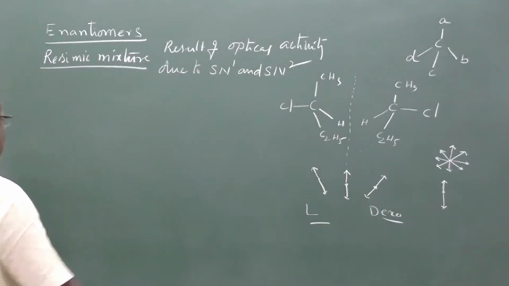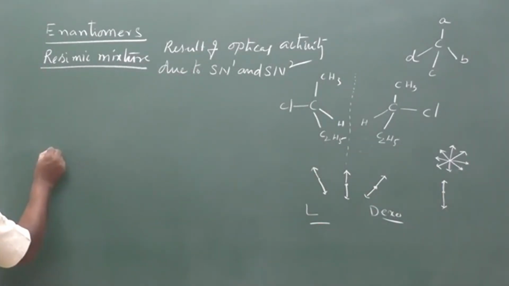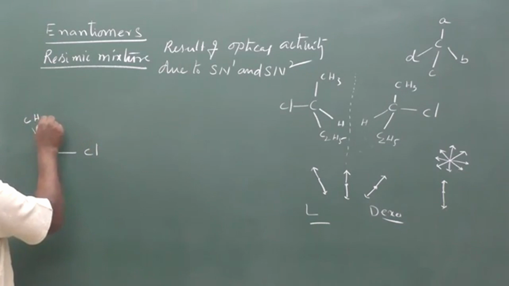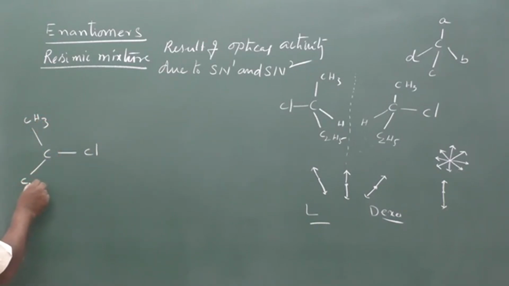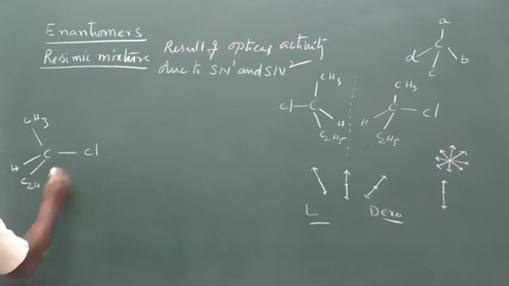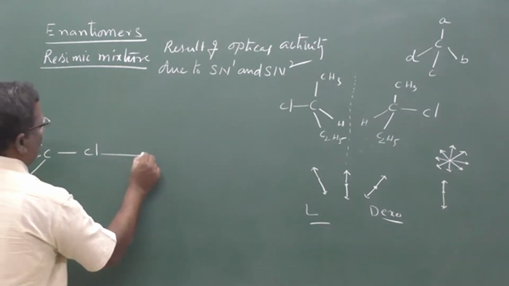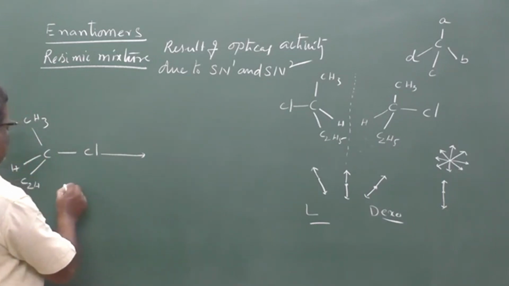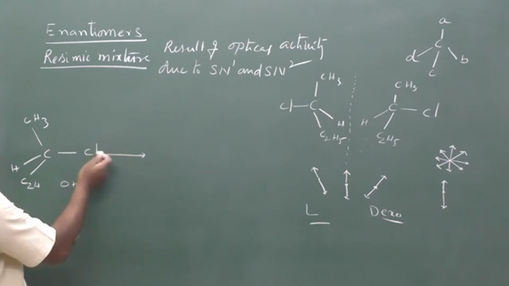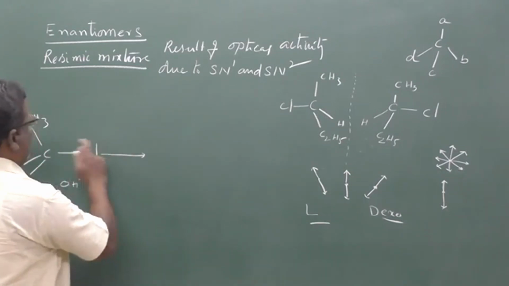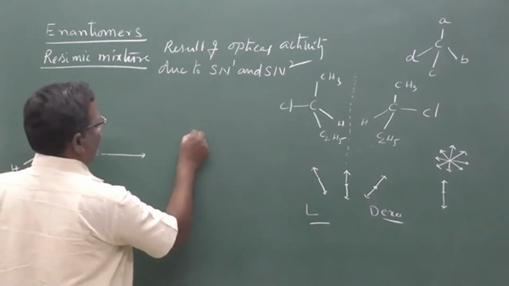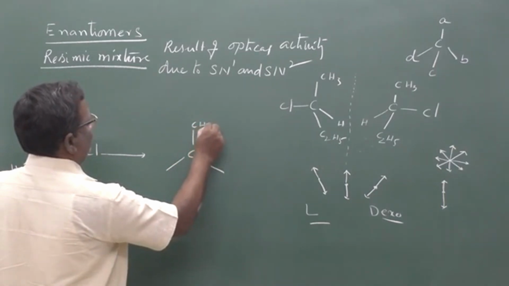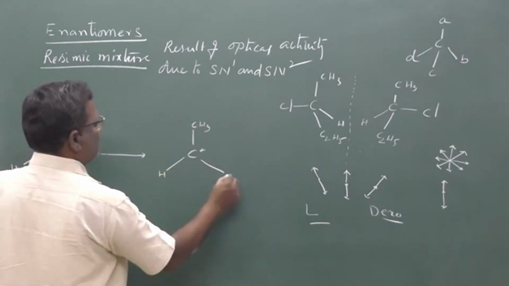For example, if we take this compound, and it undergoes SN1 mechanism due to the influence of the nucleophile and proton of the solvent, this chlorine will be removed to form a carbocation with a structure like this.